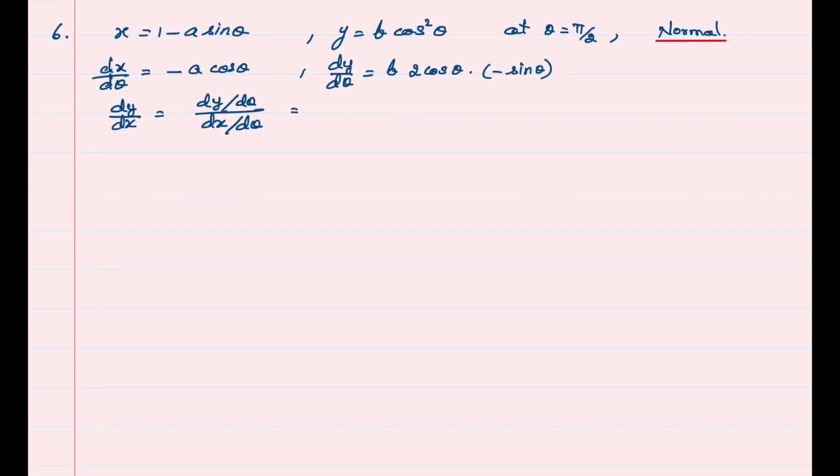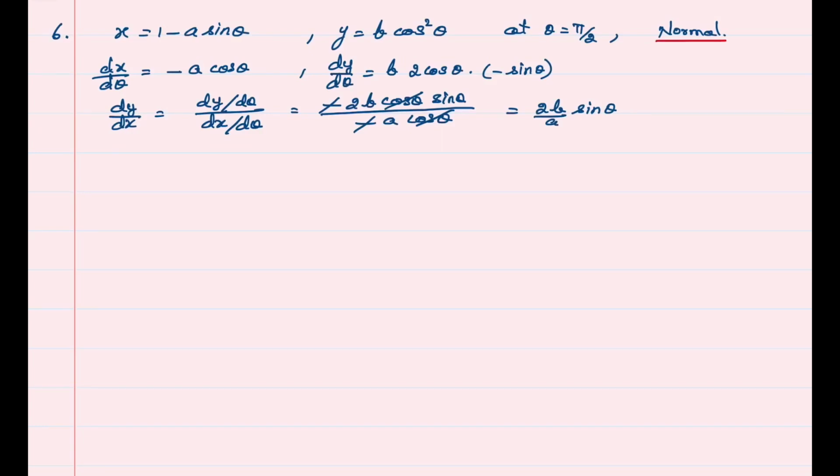Be careful, we have to write dy by d theta in the numerator, minus 2b cos theta sin theta over minus a cos theta. We get 2b by a sin theta.